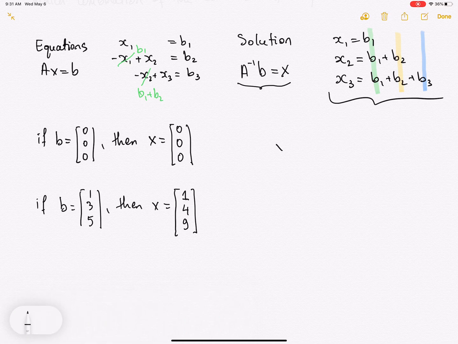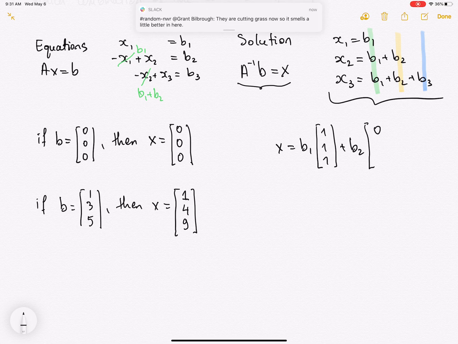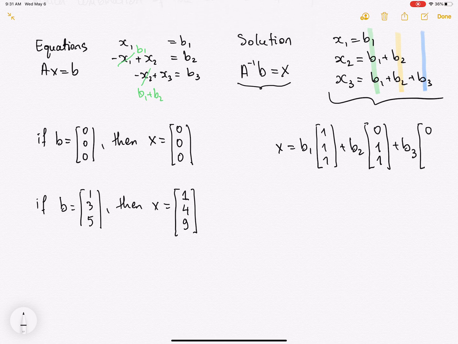We have X, which is X1, X2, X3, equals B1 times this vector 1, 1, 1 plus b2 times the vector 0, 1, 1 plus b3 times the vector 0, 0, 1. From here, we can write the inverse matrix to be the matrix consisting of these three columns.